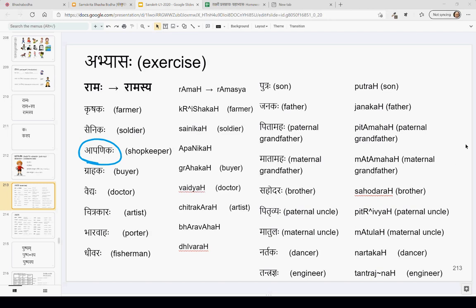Okay. Let's start with who wants to? Sridhar Mohoday? Apanikaha, apanikasya gruham. Good. Apanikasya gruham. You want to try another one? I think Chitrakaraha.